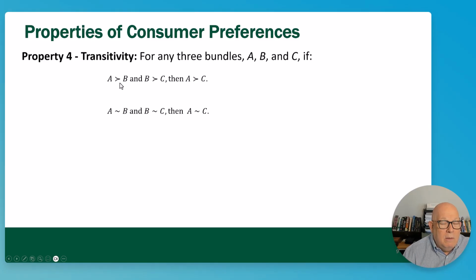If A is preferred to B, and B is preferred to C, then A must be preferred to C. On the other hand, if they're indifferent between A and B, and they're indifferent between B and C, they should be indifferent between A and C. So these 4 properties basically help us to graph these things and figure out what investors or what consumers may do in particular circumstances. We're basically assuming that they're going to exhibit some sort of rational behavior.